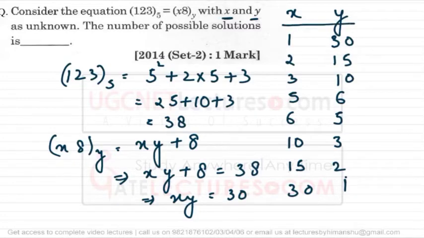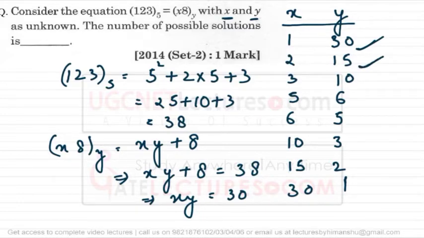But as we all know, all of these cannot be the answers. Why are these not? All of these are not the possible solutions. See, because if y is 30, x can be 1. So this is possible because the digits in the number cannot be bigger than the base of the number system, right? So if y is 15, x can be 2.